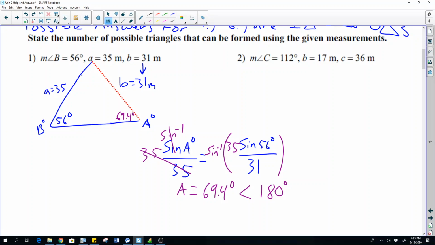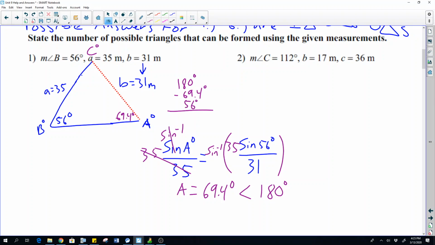What are we missing? Oh yeah, angle C. To find angle C, we do 180 degrees minus the angle we just found, 69.4 degrees, and the angle given, 56 degrees.